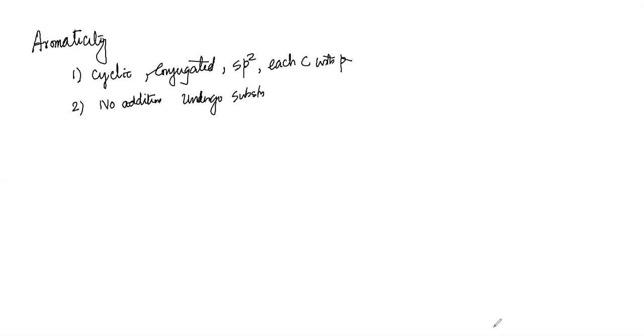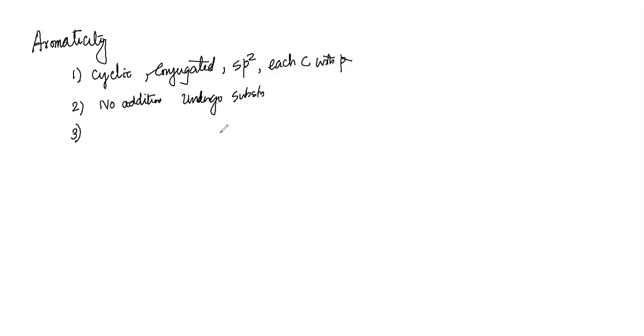Electrophilic substitution, chlorine substituting, NO2 substituting, SO3H substituting, CH3 substituting, CH3CO substituting. All these are substitution reactions. The benzene ring double bonds are not getting affected. Number 3, it undergoes substitution reaction as we have already mentioned.